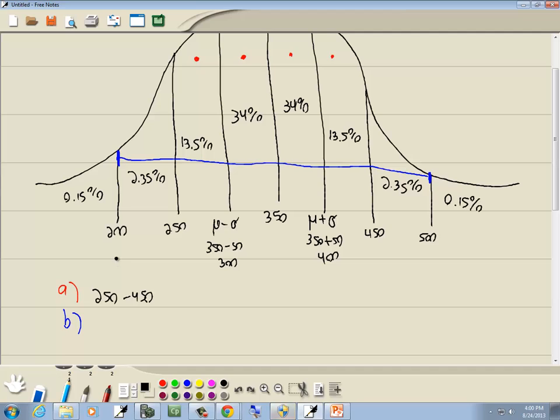Well, you could have 2.35% plus 13.5% plus 34% plus 34% plus 13.5 plus 2.35. I don't know if I can actually add these in my head, but we'll see.